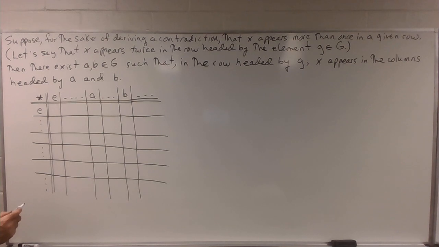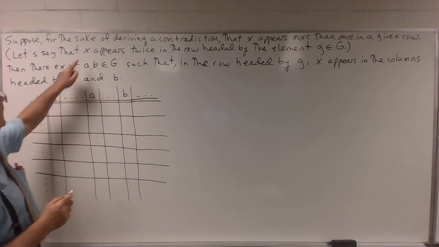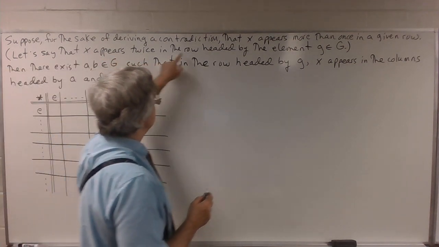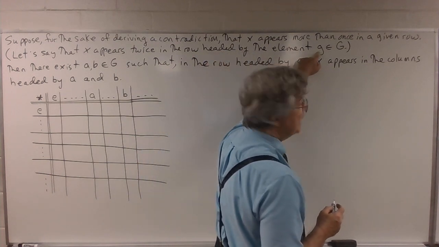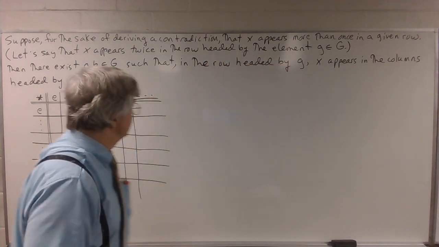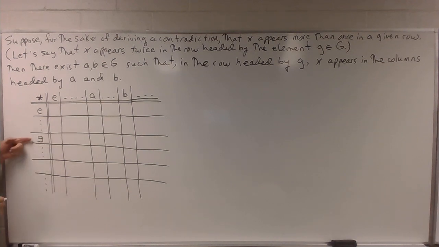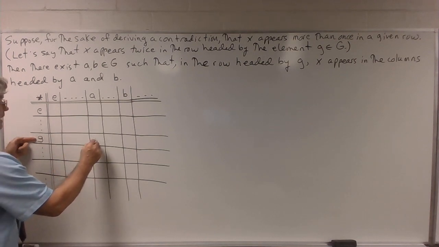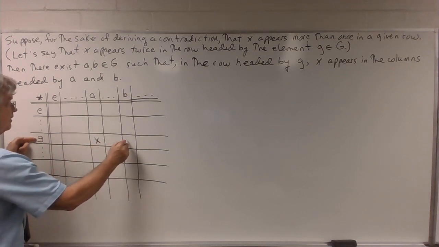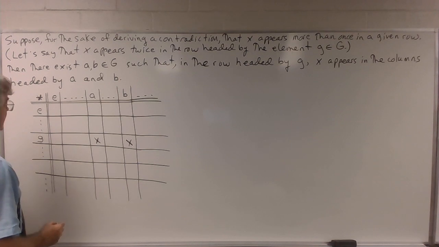According to what we have, X appears twice in the row headed by the element G. So we're interested in some row that's headed by the element G. And here in this row, X appears twice.